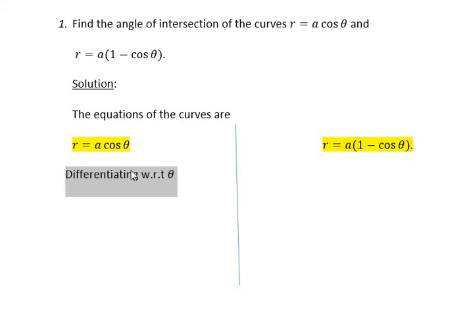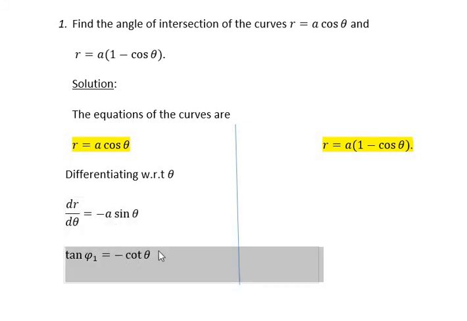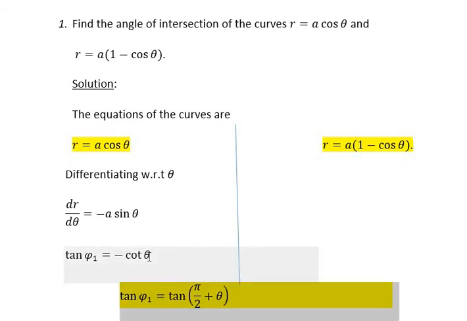So now differentiating equation 1 with respect to theta, we get dr by d theta is equal to minus a sin theta. Then tan phi 1 is equal to minus cot theta we will get, because tan phi 1 is equal to r into d theta by dr. So by using that relation, we find tan phi 1 which is equal to minus cot theta.